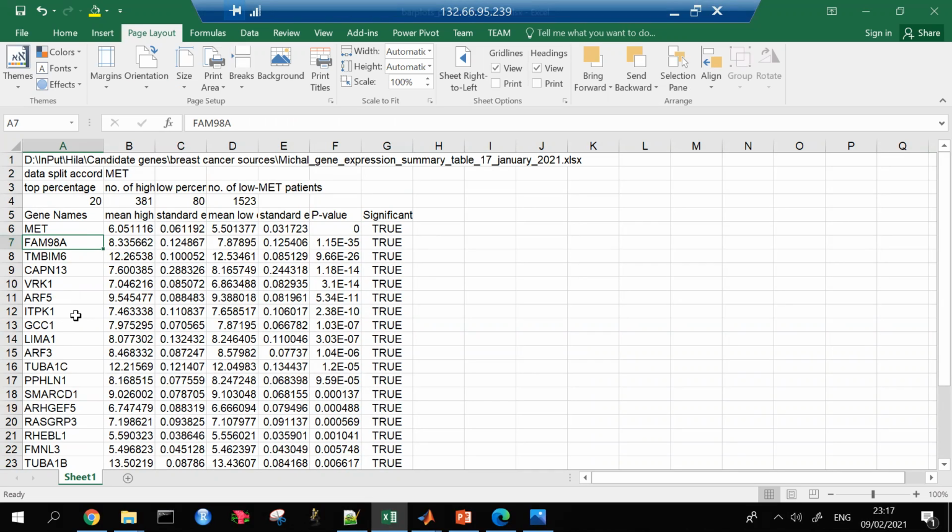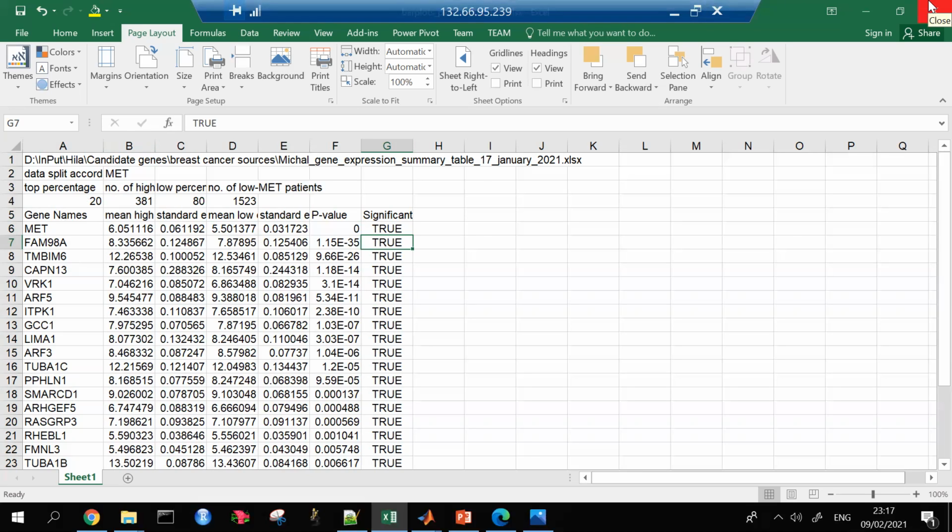But you might want to consider genes which also have a p-value that is lower than MET, because you want to see if by separating by MET, you get a better separation in expression in other genes.